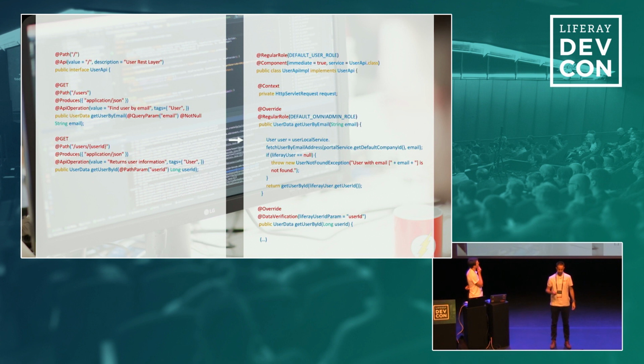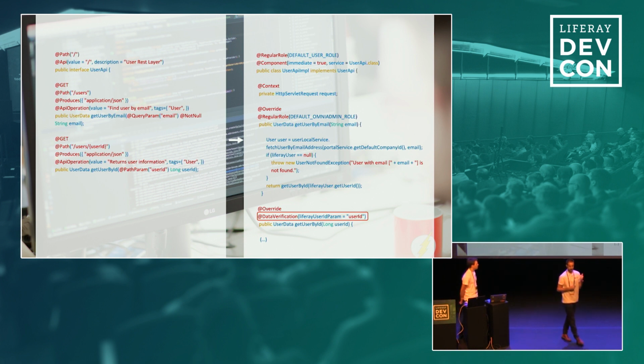Basically, we have to provide some details here. As you can see, we have the regular role annotation. This is the Xtivia one. We can use it at class level or even at method level. All the users have to belong to this role in order to execute some endpoints of this API.